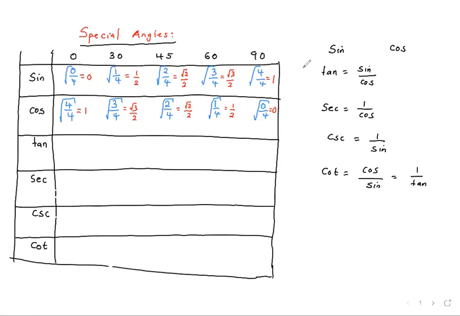But why not? That is just sine over cos. What is 0 over 1? It's undefined, sir. Oh, no, it's 0. So tan 0 is going to be 0.